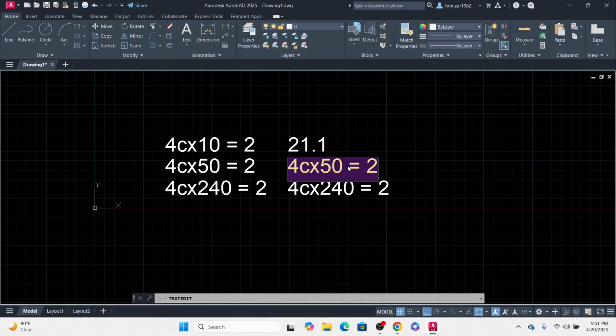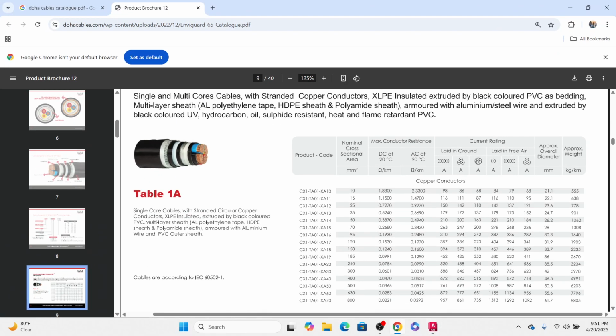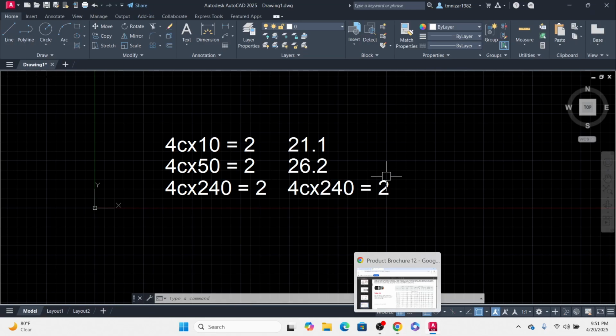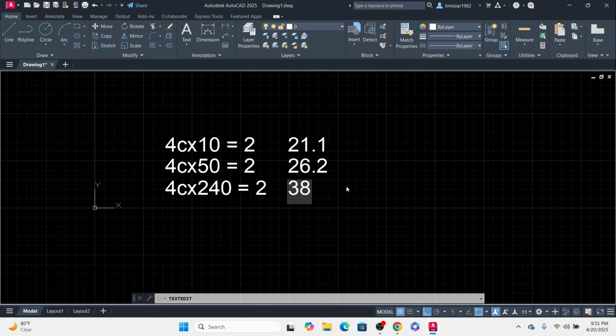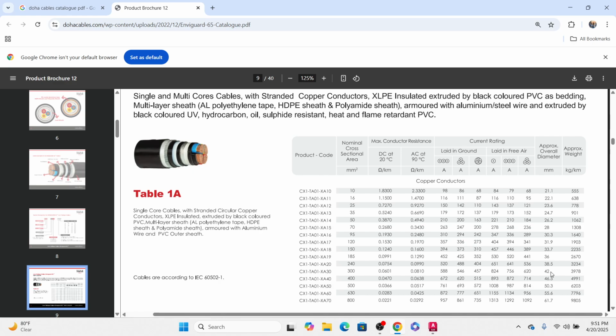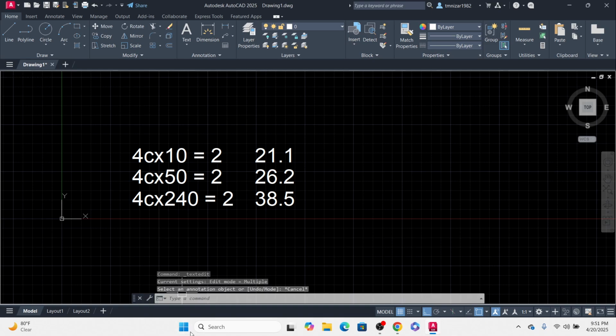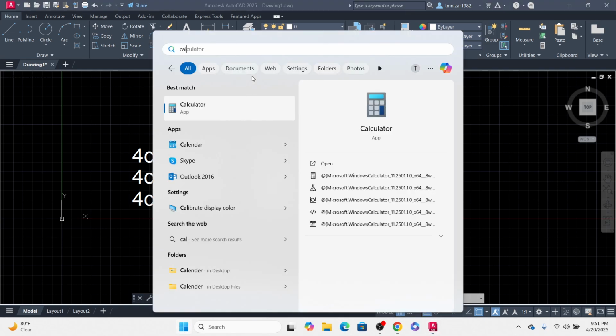Then for 240, meaning this one, 38.5. So for 240, 38.5. Now we can do some quick calculation.